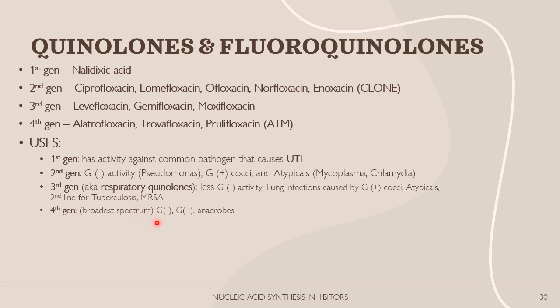Okay? Meron din silang MRSA coverage. Don't worry, we will discuss your anti-tuberculosis medication later. Lastly, your fourth generation is the broadest spectrum. Okay, they can cover gram-negative microorganisms, gram-positive organisms, and lastly, meron na silang anaerobe activity.